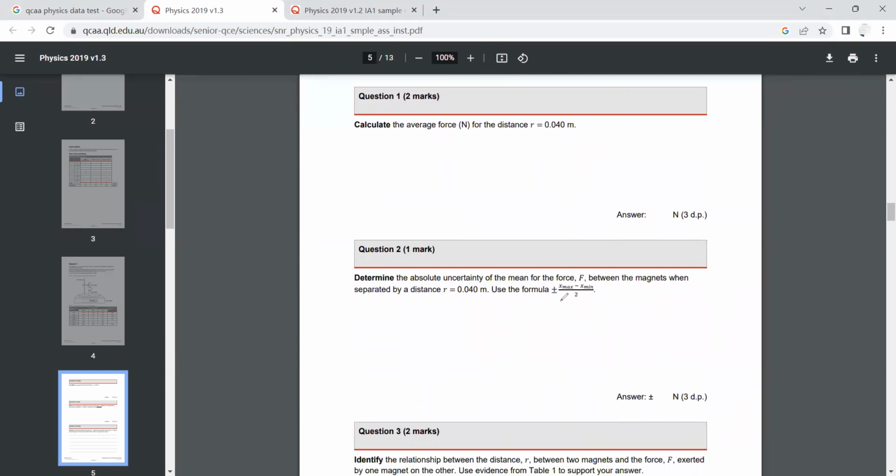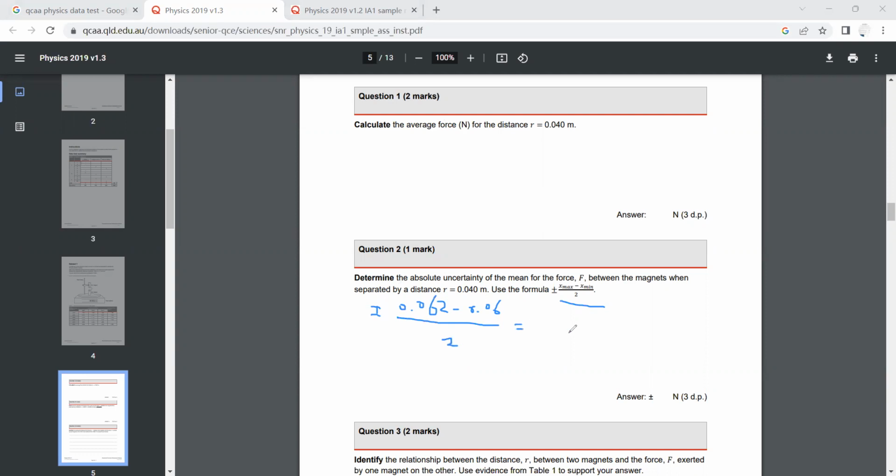If we use this formula, the x maximum there is 0.062. This gives us the uncertainty: 0.062 minus 0.06. I remember these two numbers from the table above, then divided by 2.